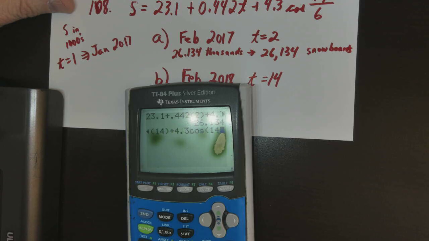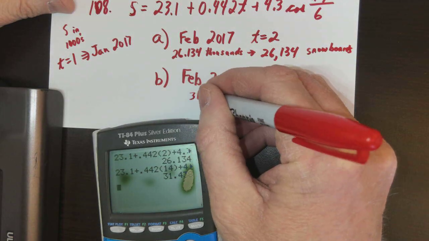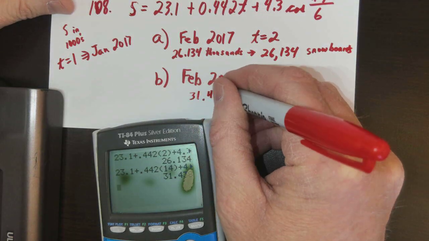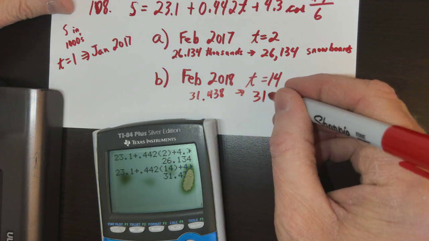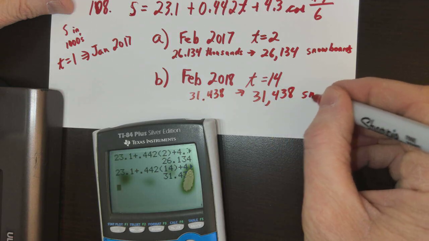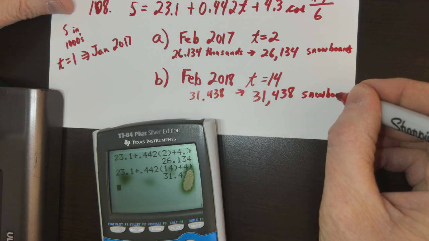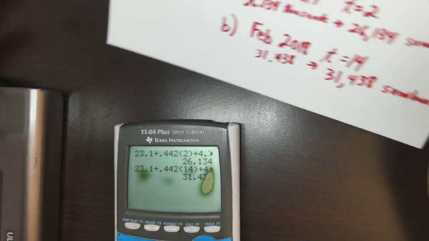I'm going to write 14 pi divided by 6, and there I get 31.438, which translates to 31,438 snowboards. Okay, you guys can do parts C and D.